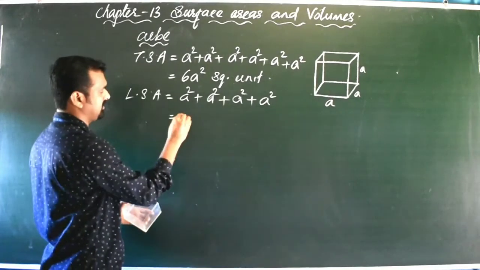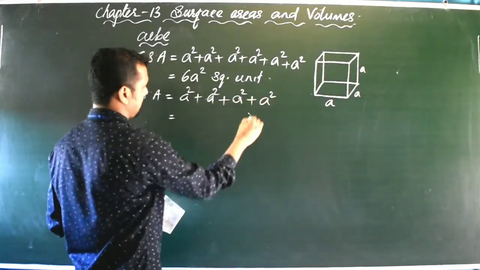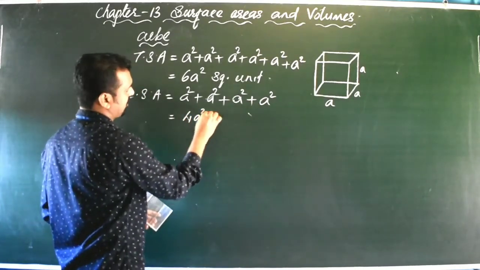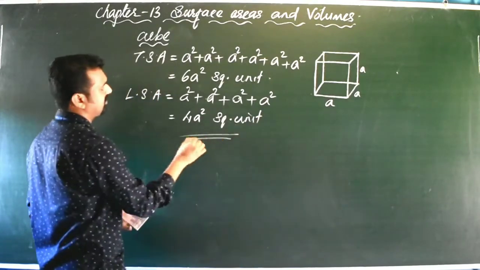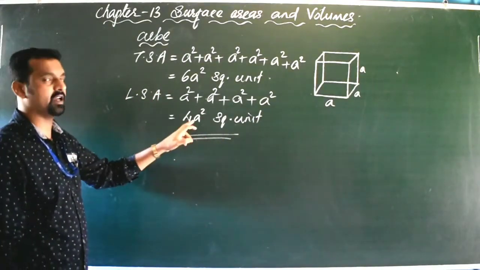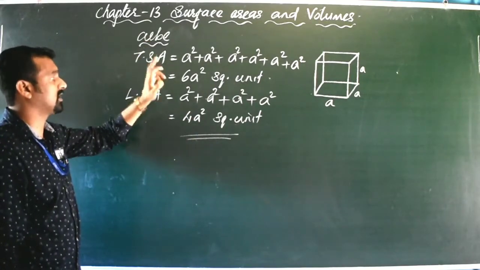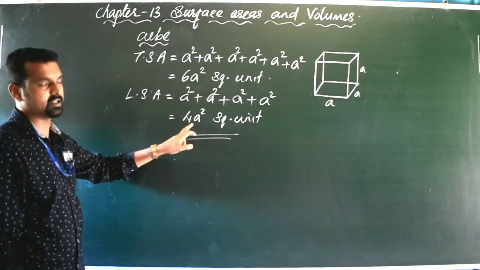That is A square plus A square, 2A square, plus A square 3A square, plus A square 4A square, square unit. So this is the formula for finding the lateral surface area of a cube. Total surface area of a cube is equal to 6A square. Lateral surface area of a cube is equal to 4A square, square unit.